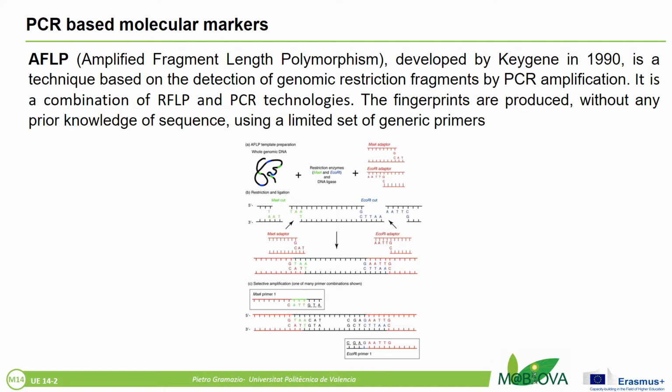To achieve this, the 5' region of the primer is made such that it contains the restriction enzyme site on either side of the fragment complementary to the respective adapter, while the 3' ends extend for a few arbitrarily chosen nucleotides into the restriction fragment. And third, finally, gel analysis of the amplified fragments.